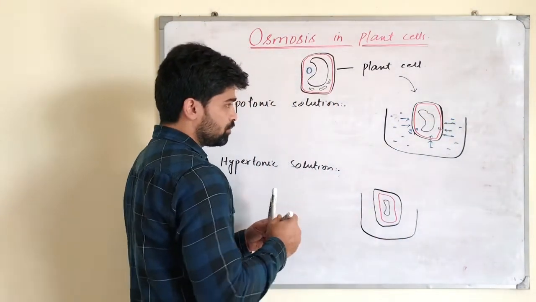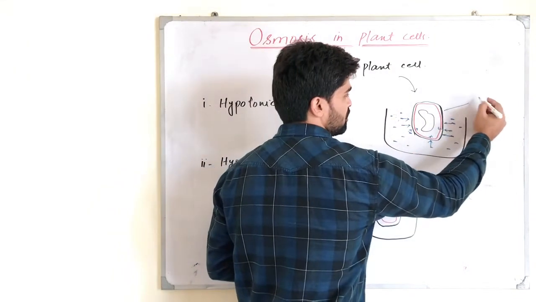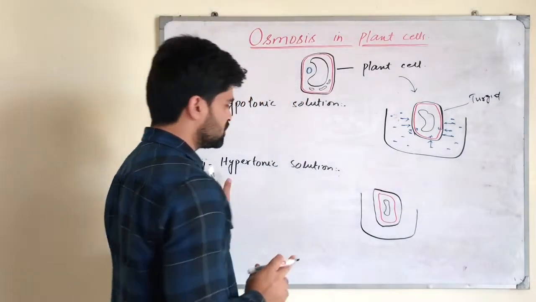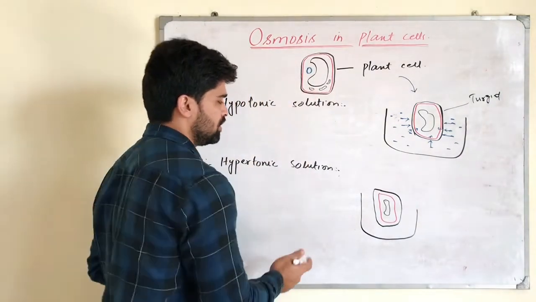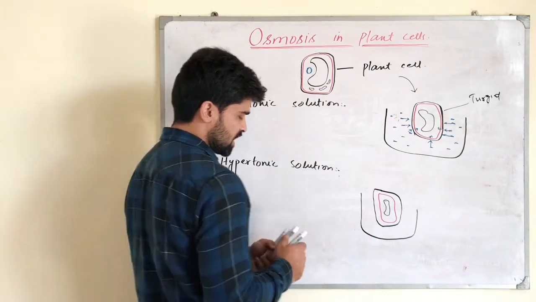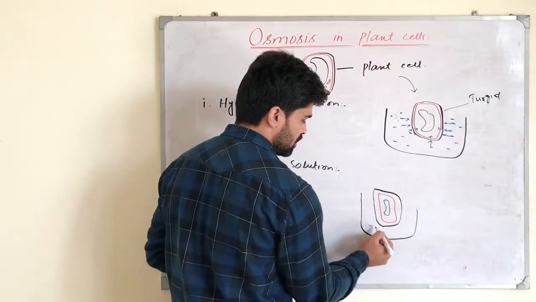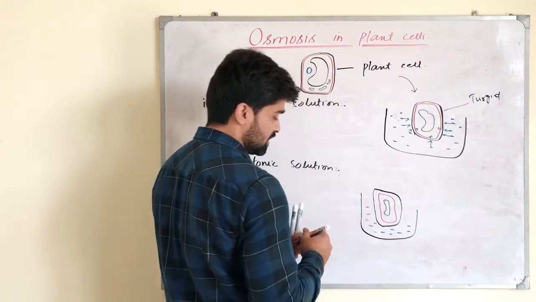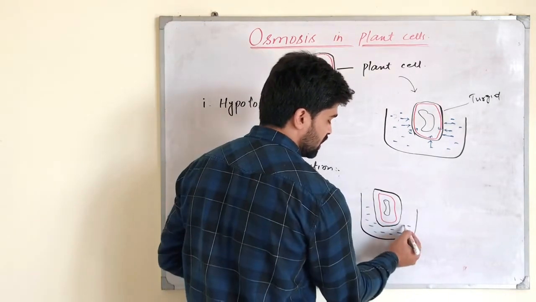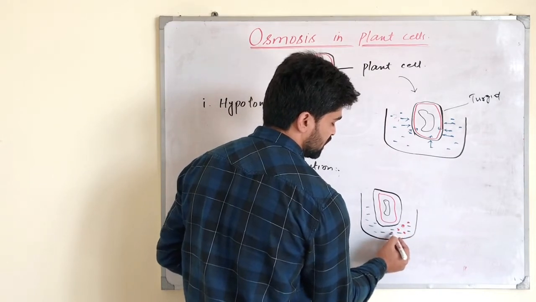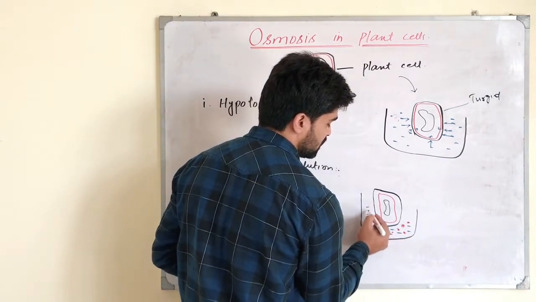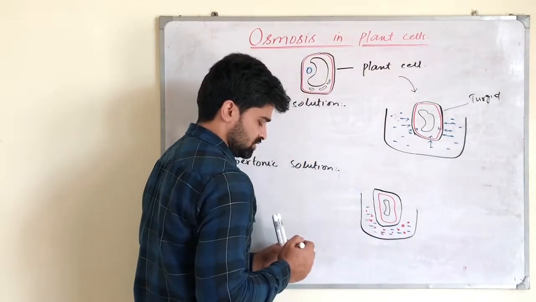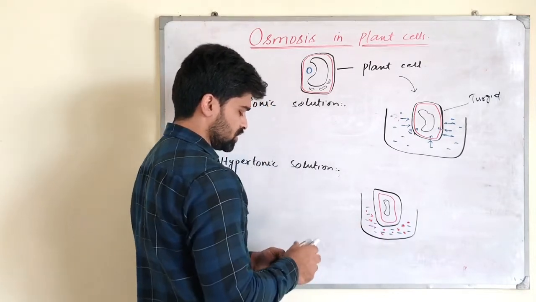If we put the cell in the earlier condition, it becomes turgid, and if we put this plant cell in a hypertonic solution, which is more concentrated and has a lower water potential, as we know the more concentrated solution has the lower water potential, there are more solutes present in this solution.